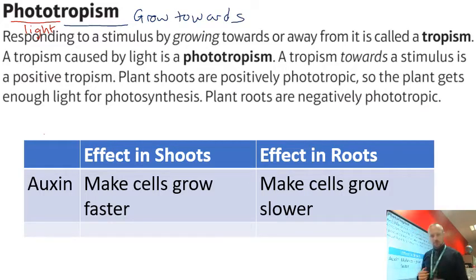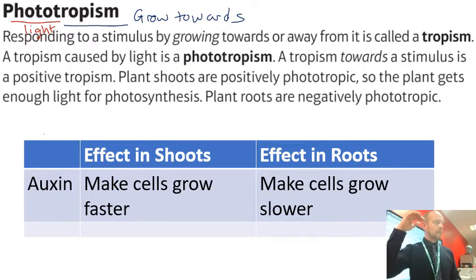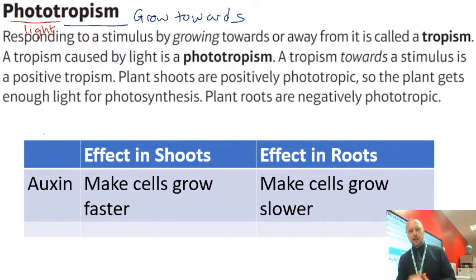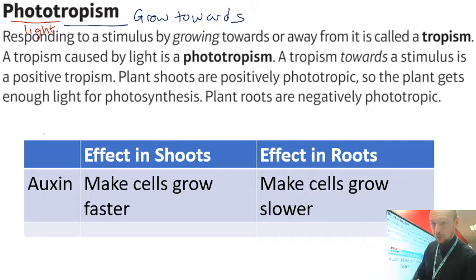I'm sure you'll understand that plants grow towards the light, and the roots grow downwards towards gravity. So phototropism is the fact that the shoots of plants grow towards light, and we're going to explain how that works. Right, one more thing for your notes. Plant hormones are called auxins.